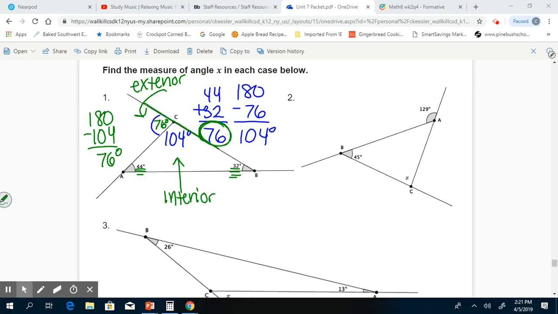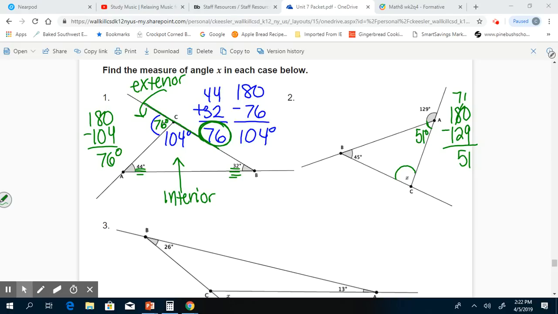Okay, so number two, we have something similar. This time we're given one of the interior angles and one of the exterior angles, and we want to find another interior angle. To do that, again, it would be helpful to know what this angle here is. To find that, I'm going to subtract 129 from 180, which gives me 51 degrees.